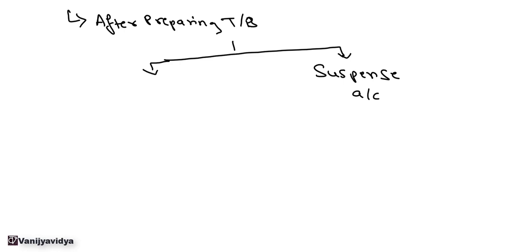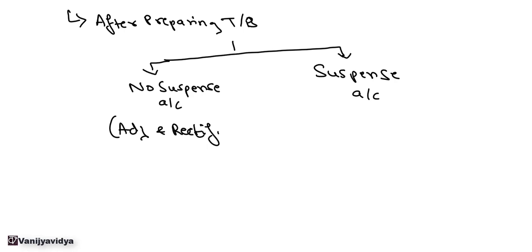Now say if there is no suspense account created, we can follow the earlier method which we were following before preparing the trial balance, and we can adjust and rectify entries in the ledger account itself, like the way we do before preparing trial balance.